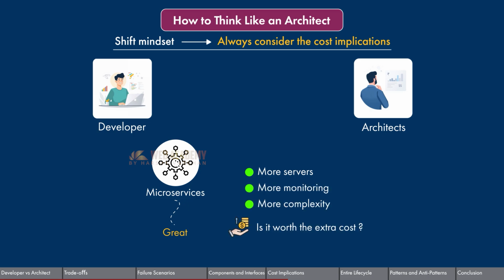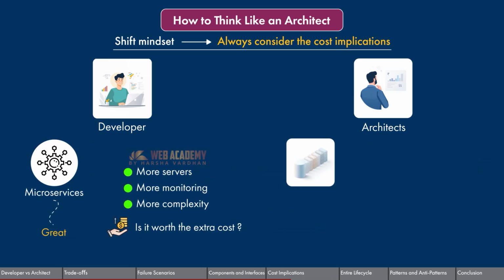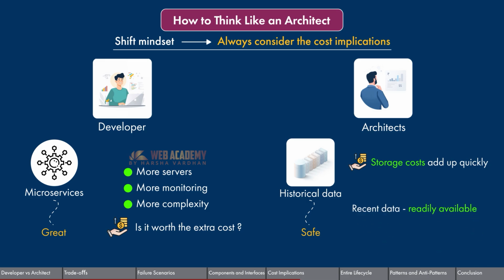Is it worth the extra cost for your use case? Storing all the historical data forever sounds safe, but the storage costs add up quickly. Maybe you only need to keep the recent data readily available and archive the old data to cheaper storage.